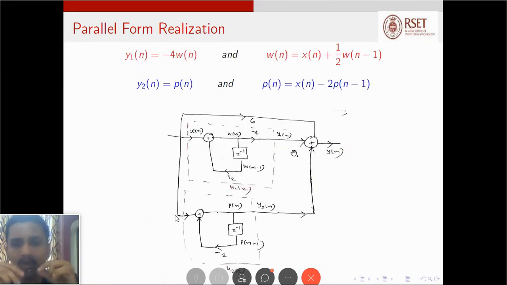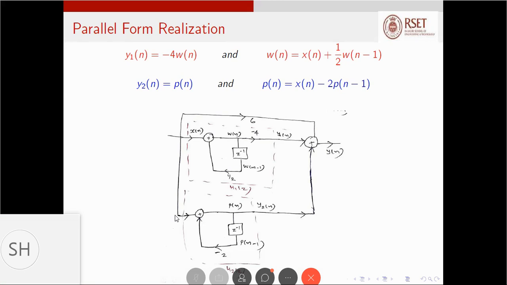So any questions from students? Yes, sir. We have a few questions from both sessions, cascade form realization and parallel form realization. So I'll ask the first question from parallel form realization. How can the realization of H1(z) and H2(z) be found in parallel form realization? Can you explain it again?